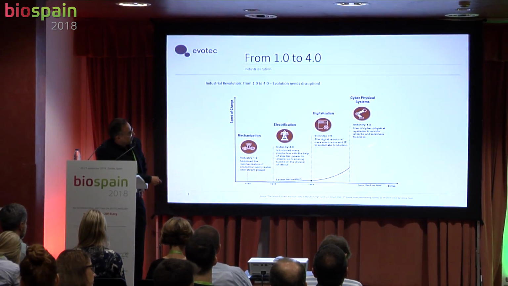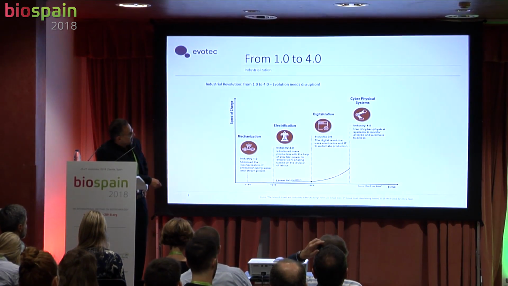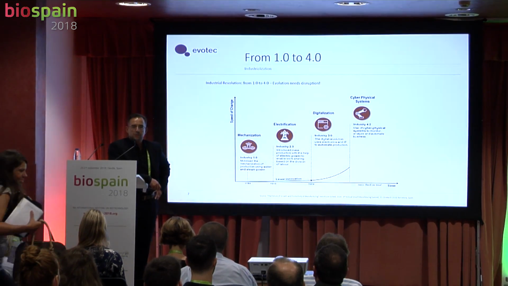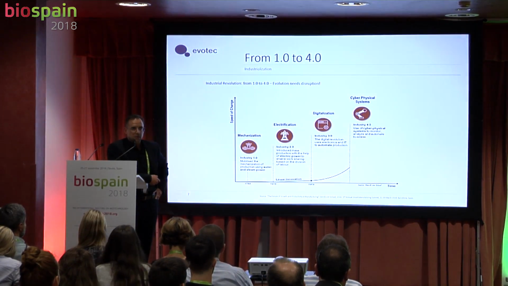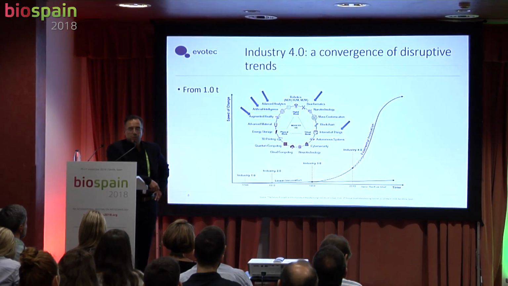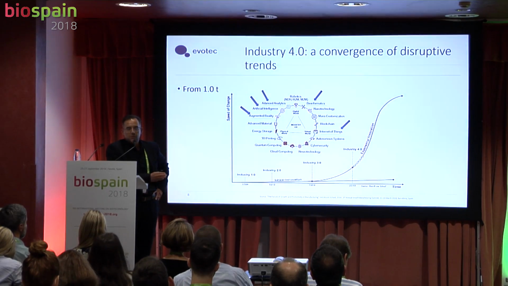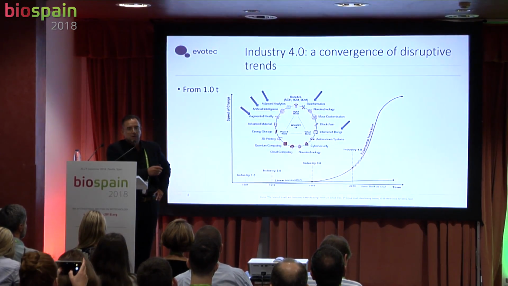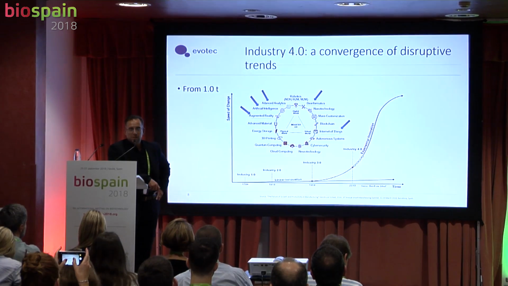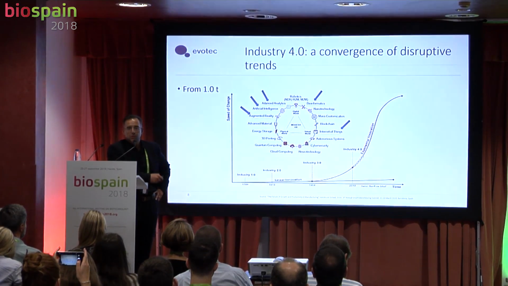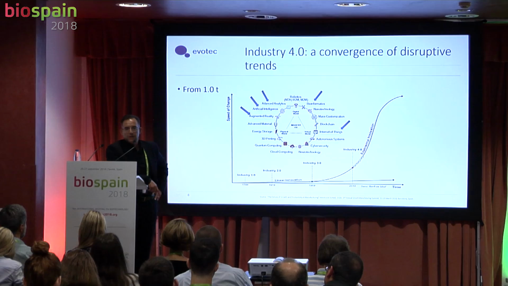And then Industry 4.0 with disruptive technologies and more use of cyber-physical systems, as we will discuss now. Okay, so this is where we are now. We are in Industry 4.0. Industry 4.0 is also affecting, besides the discovery of new molecules, how we manufacture things. I don't know, cars, for example, but also drug products. And I will show you what we do in Evotech using disruptive technologies.